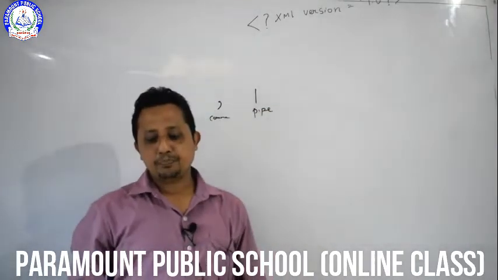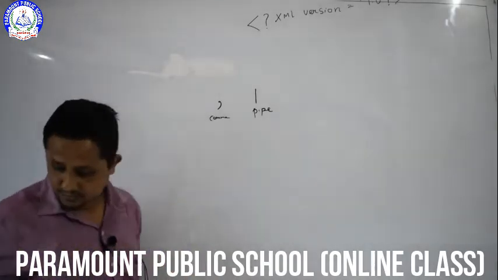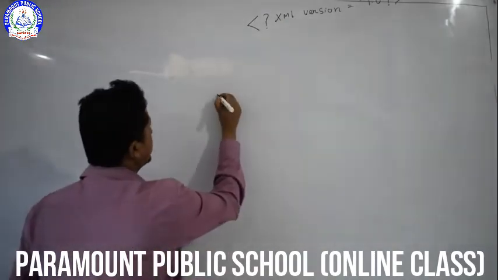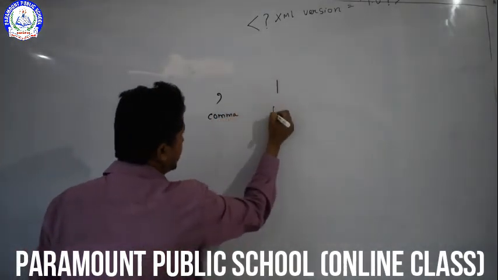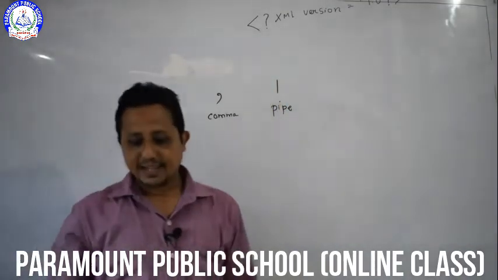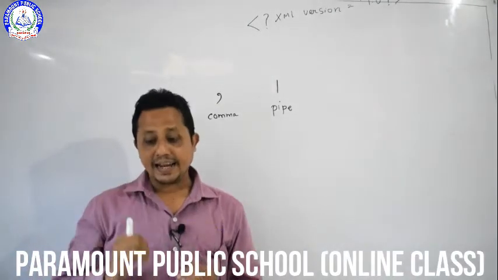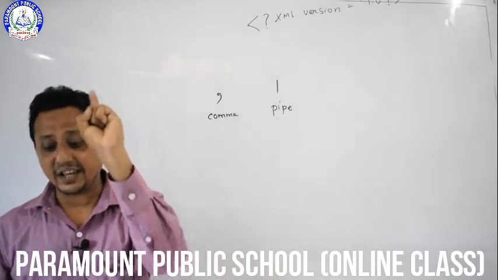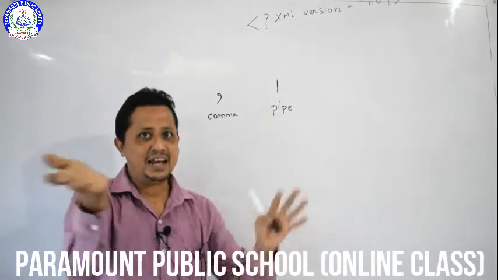Let me make it a bit bigger so that you can understand. Comma, and this is pipe. The comma says that the elements must appear strictly in the order in which they are defined in the element declaration.